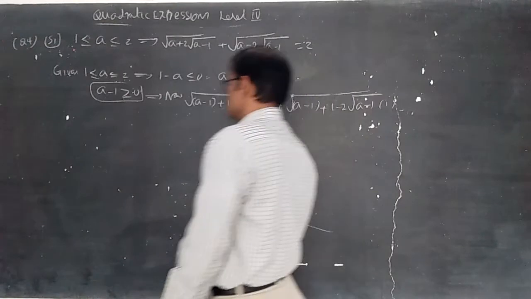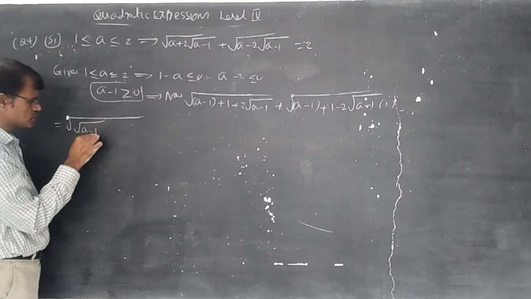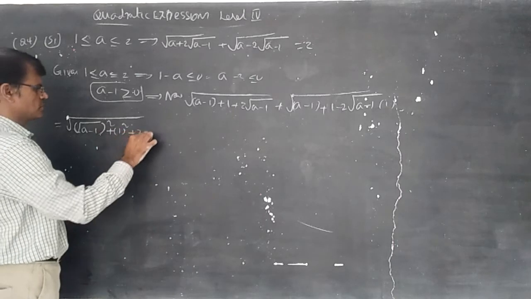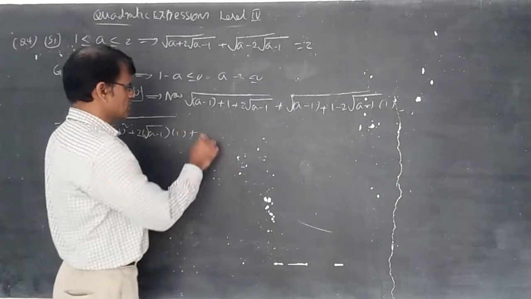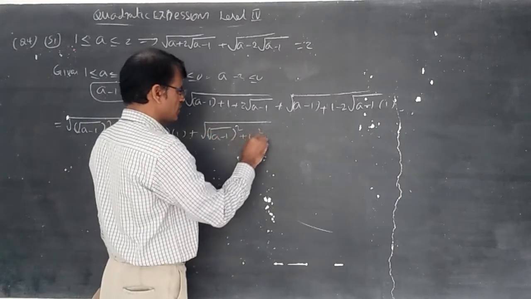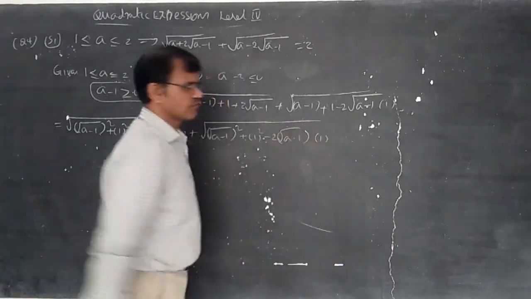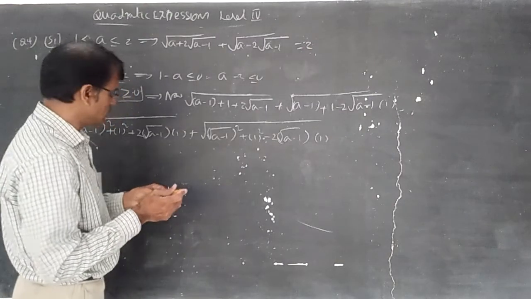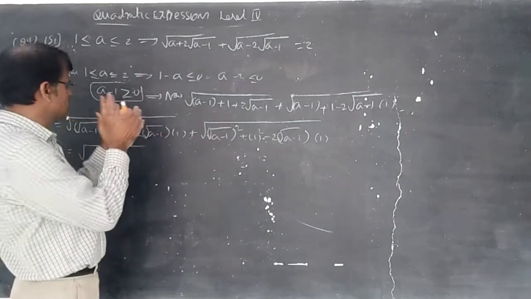You can write this as root of A minus 1 whole square plus 1 whole square plus 2 into root of A minus 1 into 1, and in the middle, root of A minus 1 whole square plus 1 whole square minus 2 root of A minus 1 into 1. You can face such problems in definite integration in 2B. The modulus concept is also most important there. Whenever A minus 1 is greater than 0, you can take it as positive.